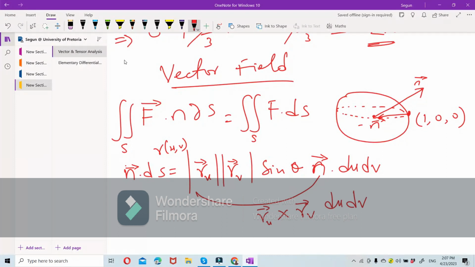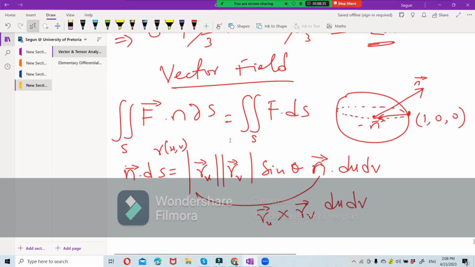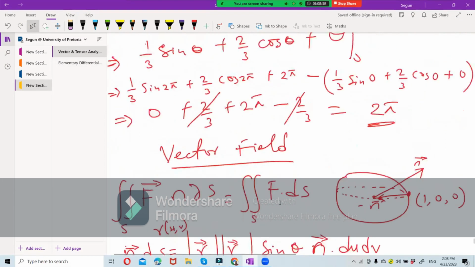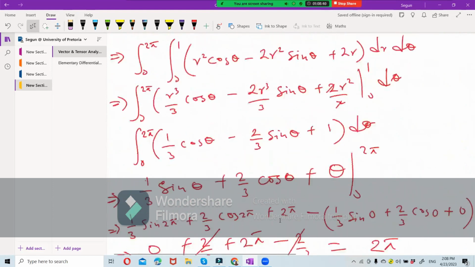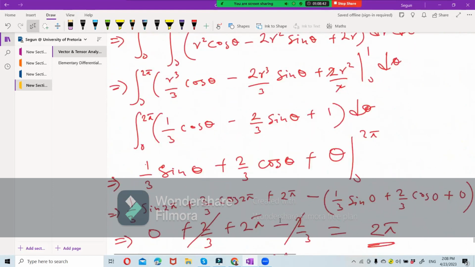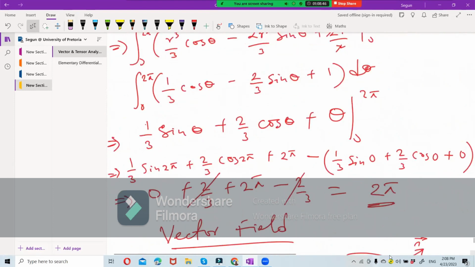Now, in this category, like I explained to you about the r_u, r_v, there are certain things we need to know. At the end of the day, we have our region integral, which will be in this shape.